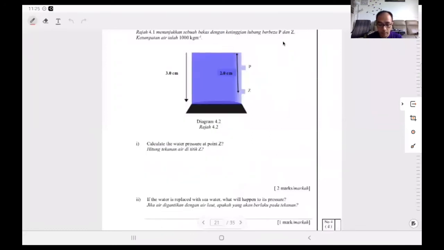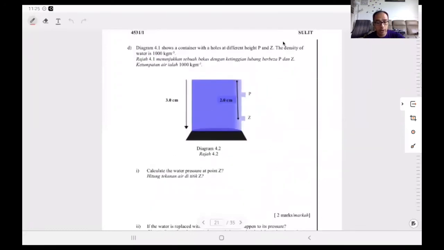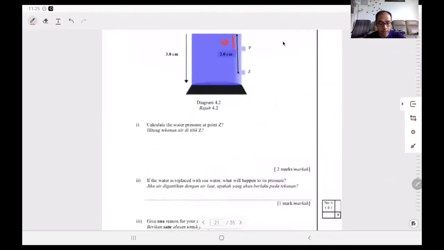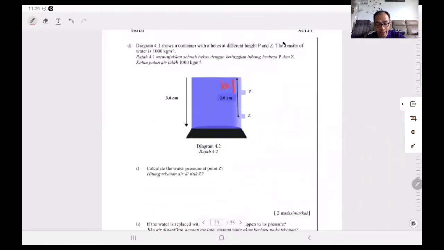Okay. Now, question d, density of water is 1000 kilograms per meter cube. This is 3 centimeters down, but this is 2 centimeters. Calculate the water pressure at point Z. Point Z is 2 cm, so remember, change it to meters.